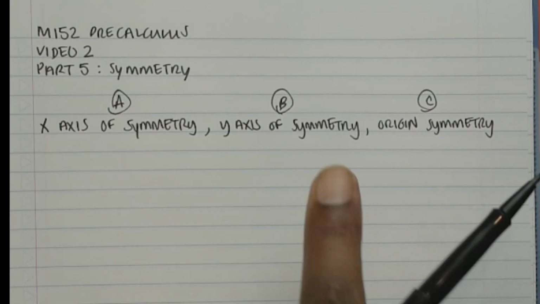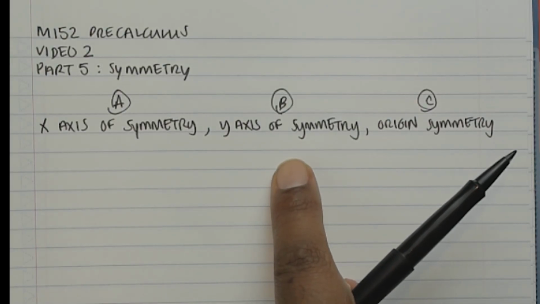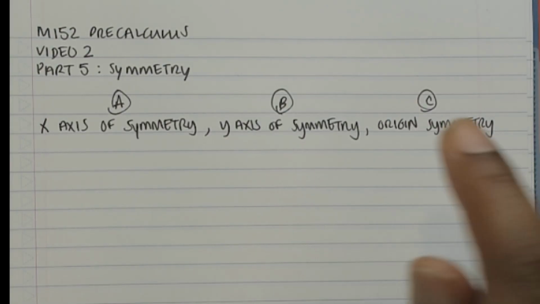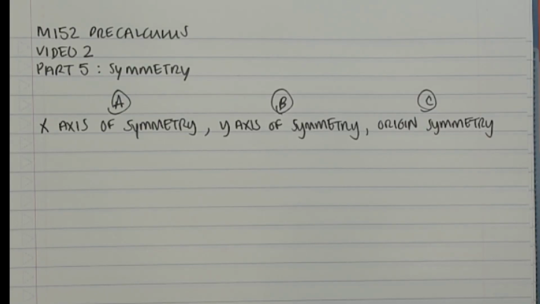So let's begin with y-axis of symmetry. A graph is symmetrical about the y-axis when the left side is a mirror image of the right side.